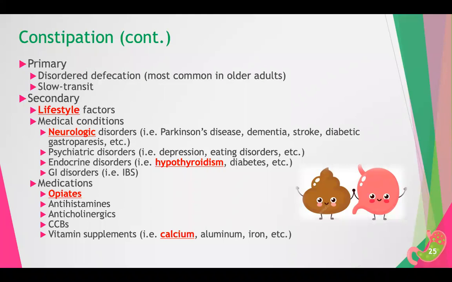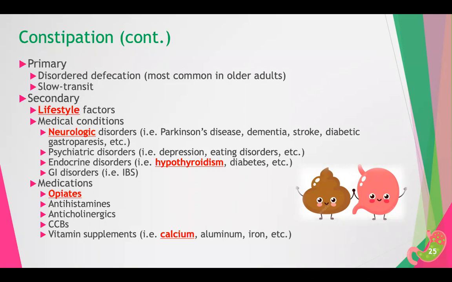And then there's also slow transit constipation, which is also a primary constipation. But with this one, there's a decreased motility in the large intestine due to abnormalities with the nerves in the large intestine.